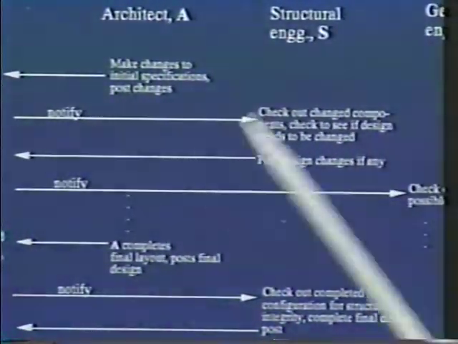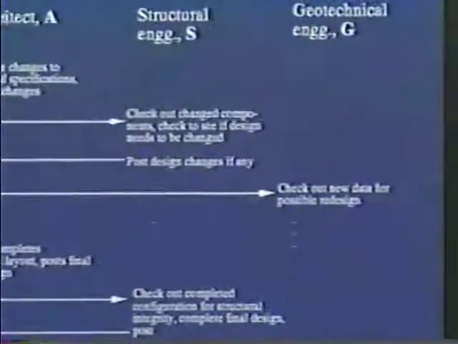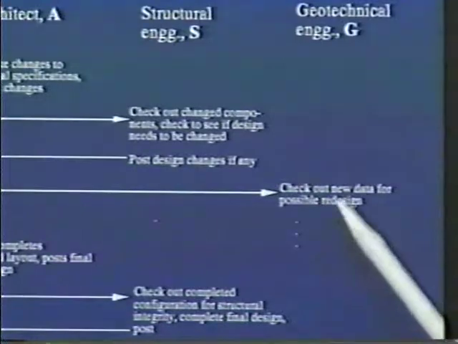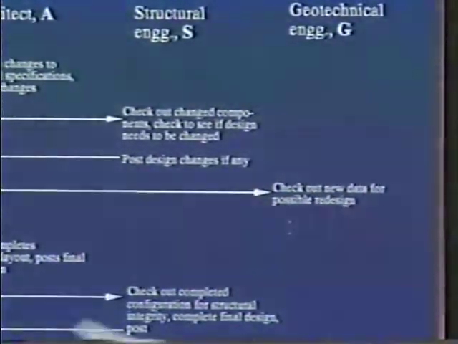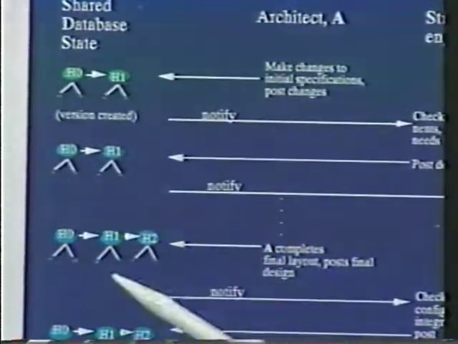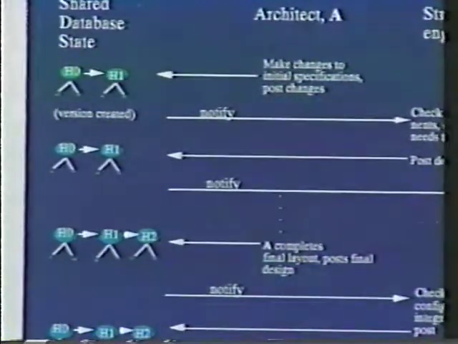As he is doing that, the geotechnical engineer gets notification, who then checks out the new data for possible redesign, and this process goes on and on, where the versions are continuously being created.